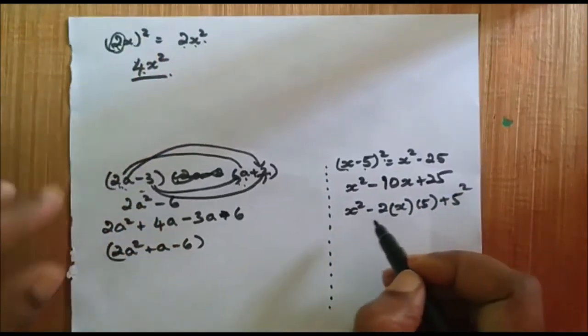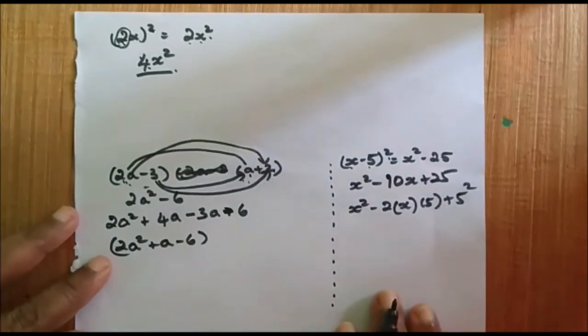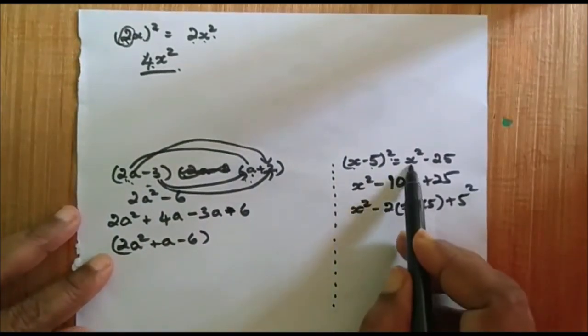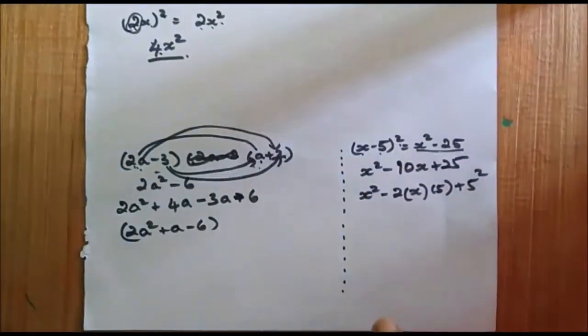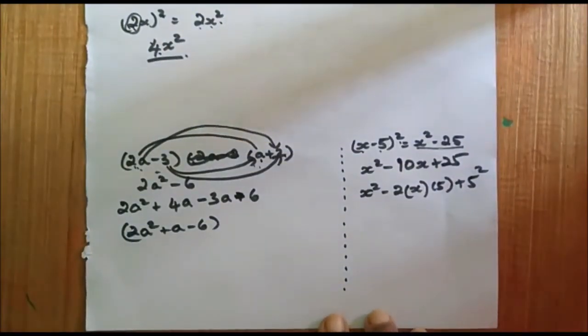That is nothing but x squared minus 10x plus 5 squared. This is not the right form. Okay, so these are some of the common errors which we make when we do the calculations. Okay, so that is all for today's class. Thank you, friends.